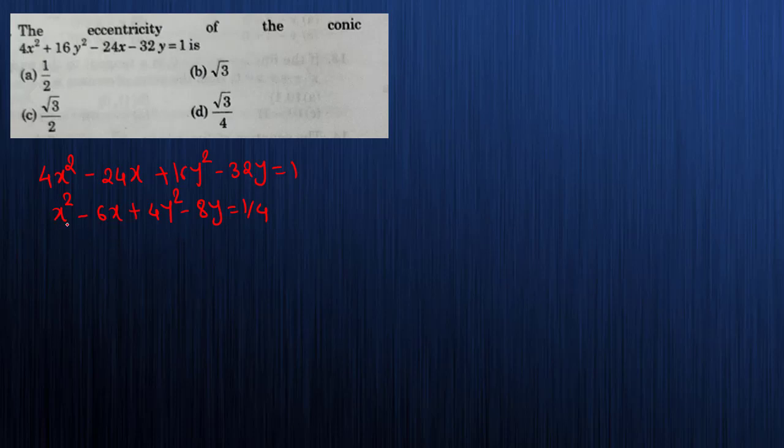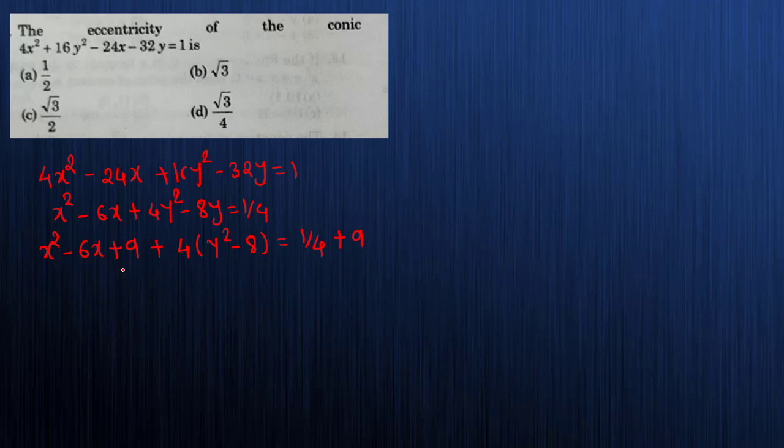Okay, now see, I will do some arrangement here. x square minus 6x plus 9, plus 4 taken common from these two, y square minus 8y, equals 1 by 4. So you have added plus 9 here, so you add 9 on the other side too. LHS में 9 add किया है तो RHS में भी 9 add करना पड़ेगा balance करने के लिए.